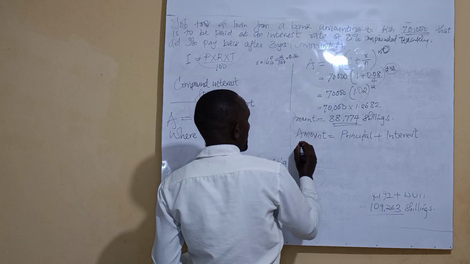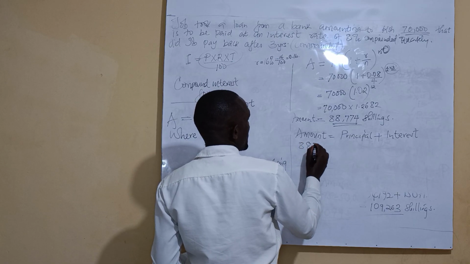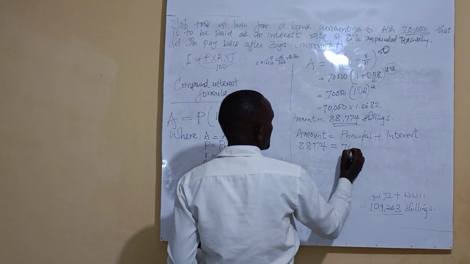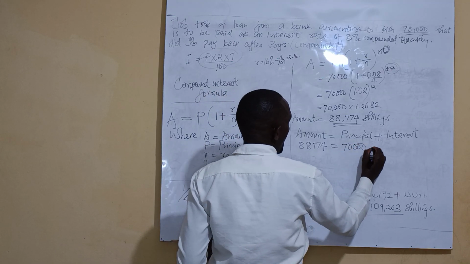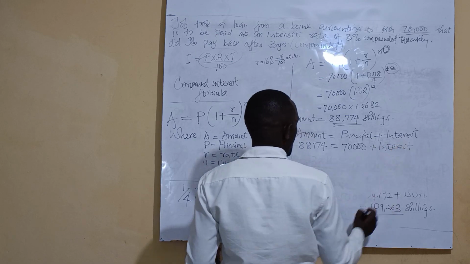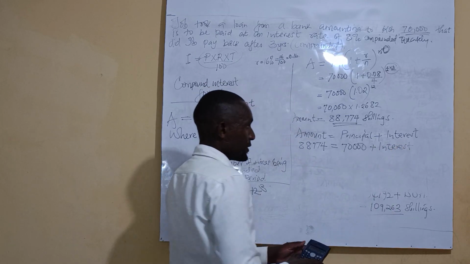And now the amount, 88,774, is equal to principal, which is 70,000, plus the interest, which you do not know yet.